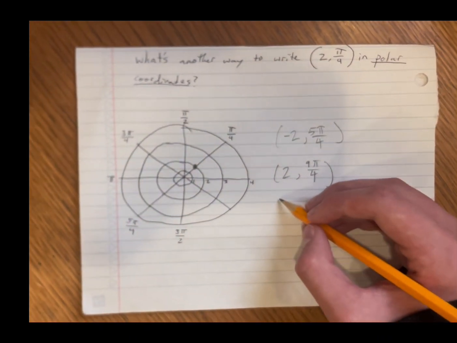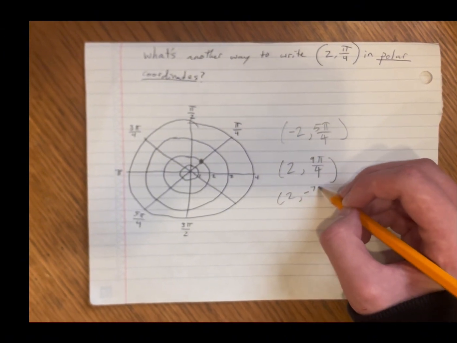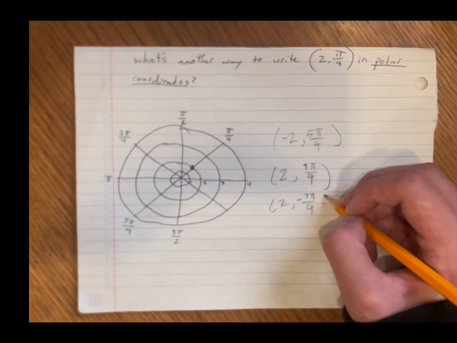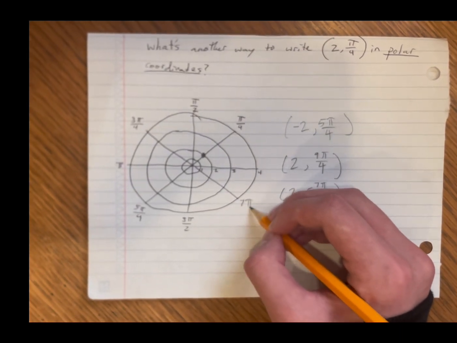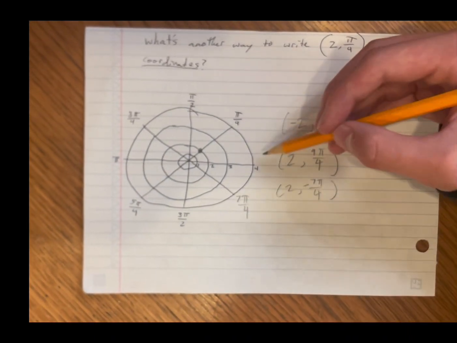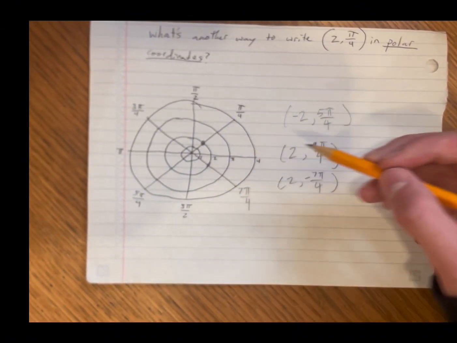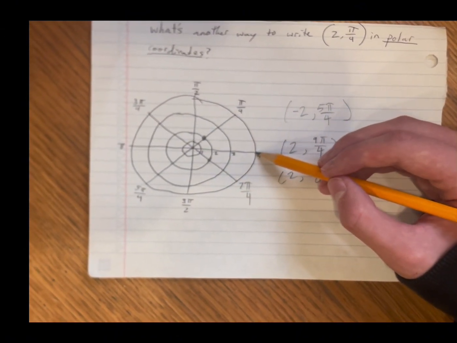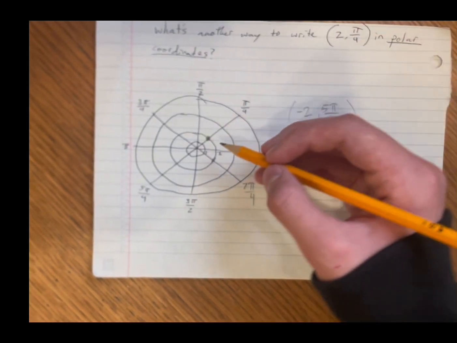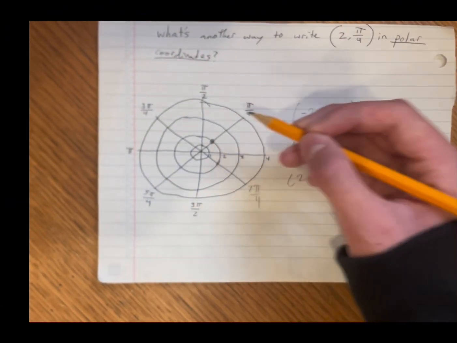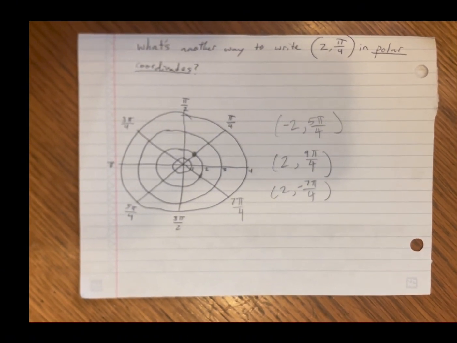And then a third way we could write it is 2 negative 7 pi over 4, because it's down here, 7 pi over 4. So when we go around positive, we end up here. But if we went around negative, it goes around the opposite way, ends up at pi over 4, and then we go over 2. And that's 3 ways we can get to the same polar coordinate.